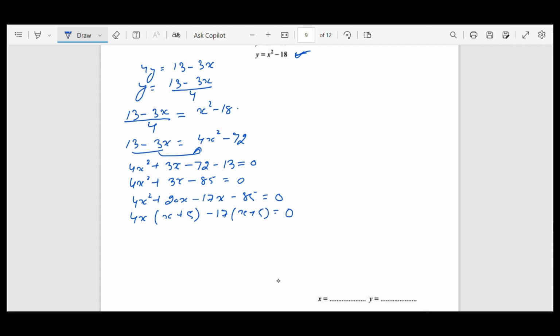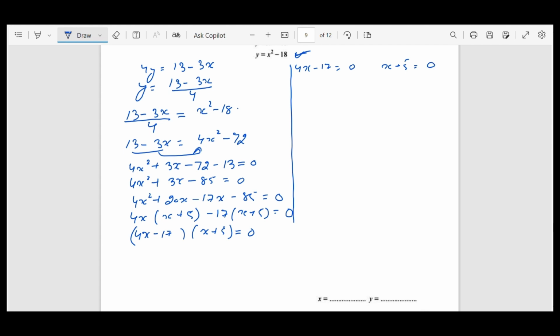Now (4x minus 17)(x plus 5) is equal to 0. From here 4x minus 17 is equal to 0 and x plus 5 is equal to 0.